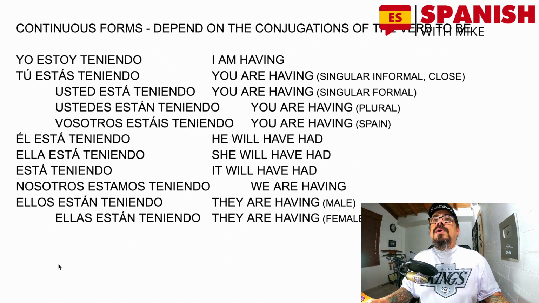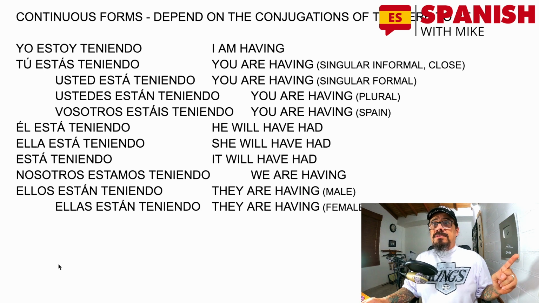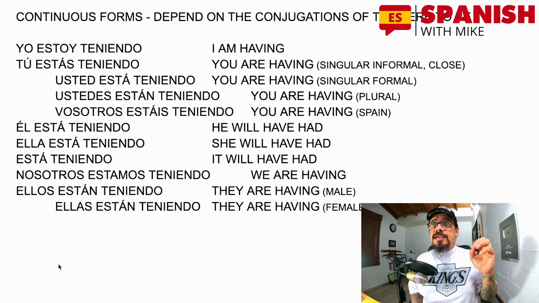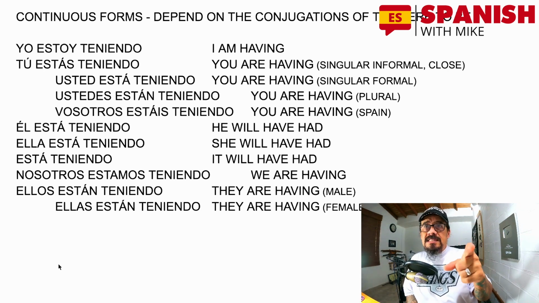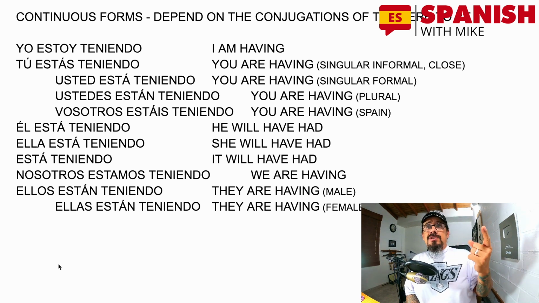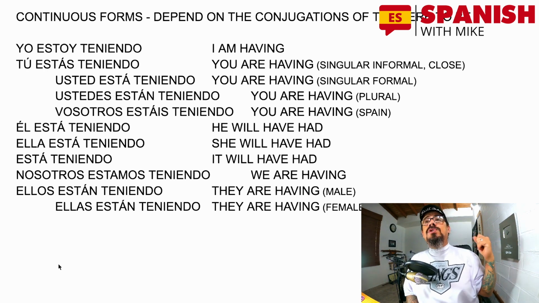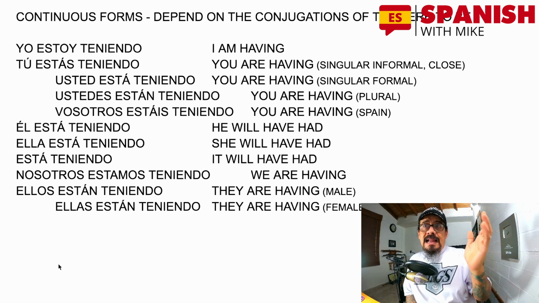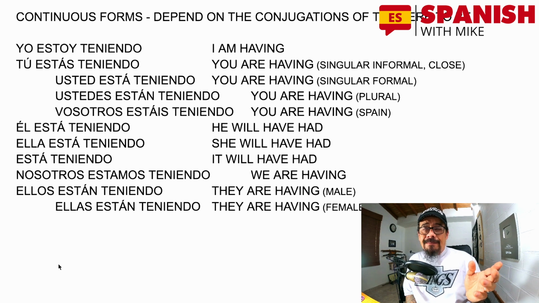Okay. Now, for the continuous forms, it depends on the conjugation of the verb to be. So this is present continuous, I am. For the future continuous it will be I will be. For the past continuous it will be I was. And having is exactly the same, and the conjugation is teniendo.